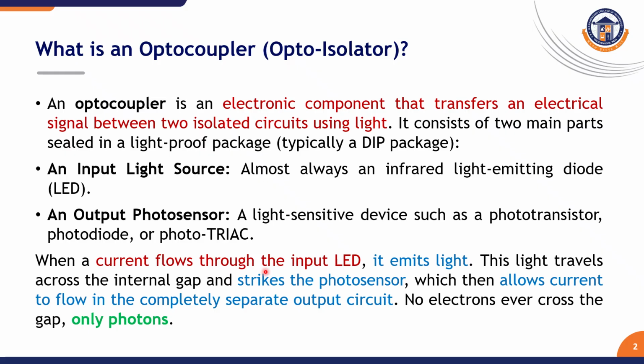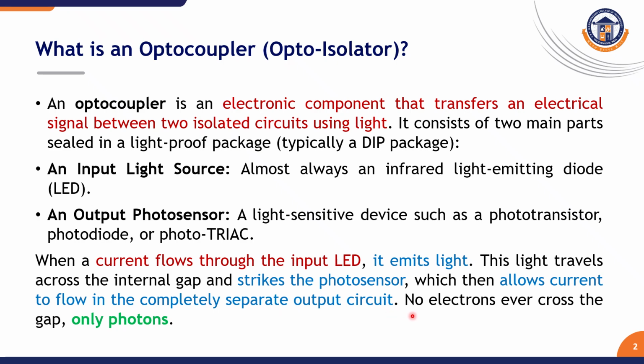When a current flows through the input LED, it emits light. This light travels across the internal gap and strikes the photosensor or phototransistor, which allows the current to flow in a different output circuit.